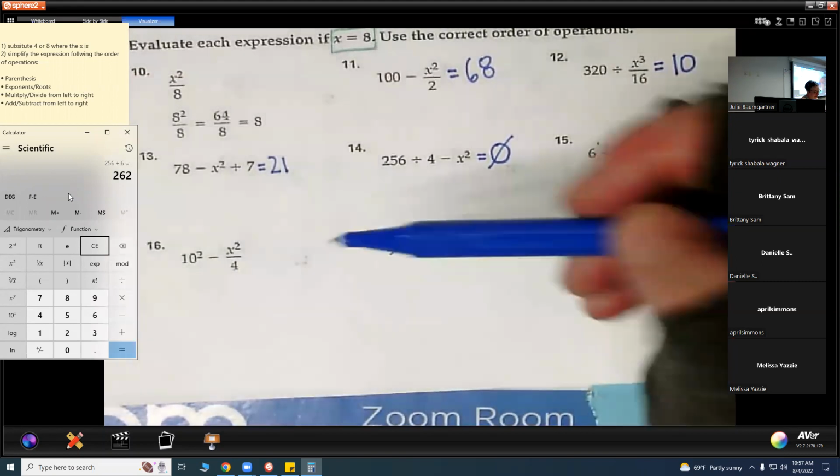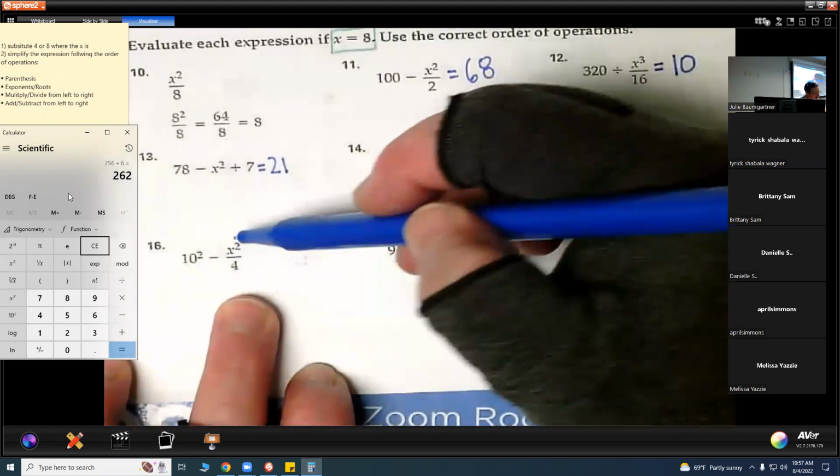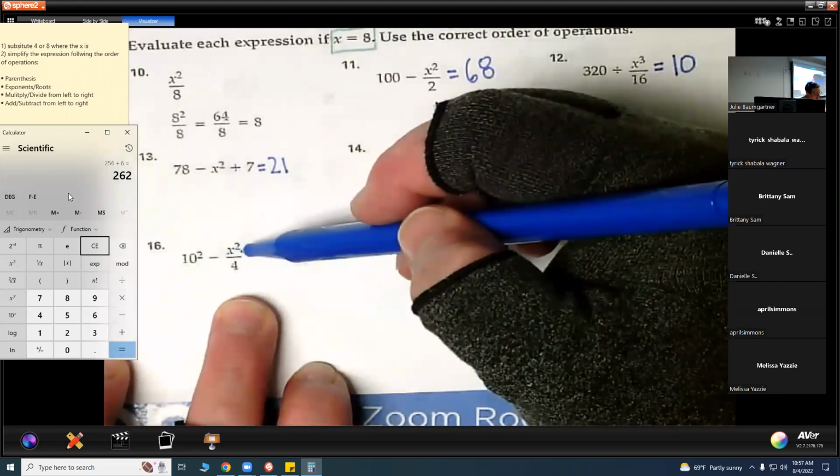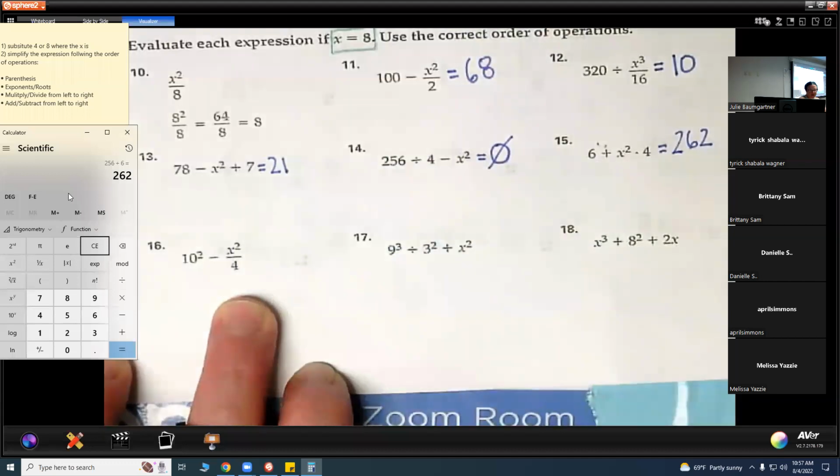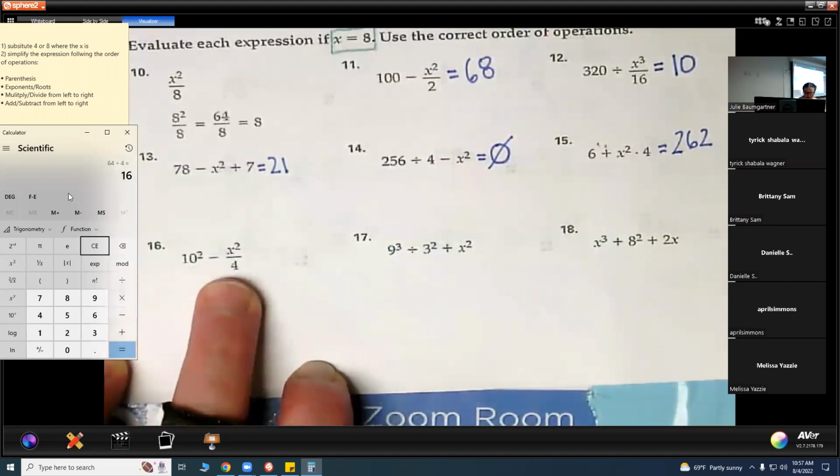Don't worry. Here. So once again, 8 squared is 64. 64 divided by 4 is 16. And then 100 minus 16 is 84.